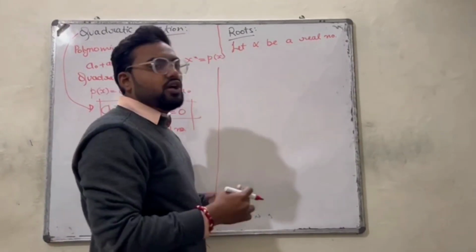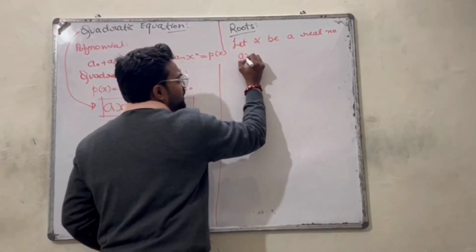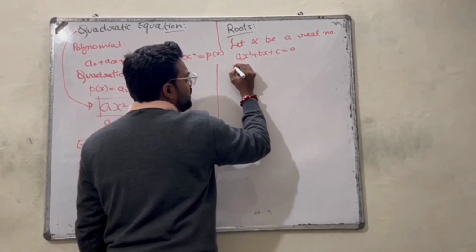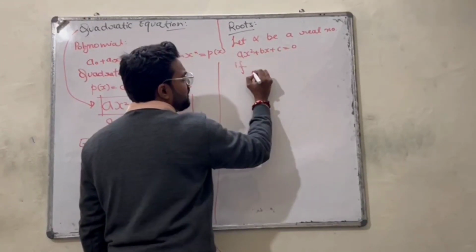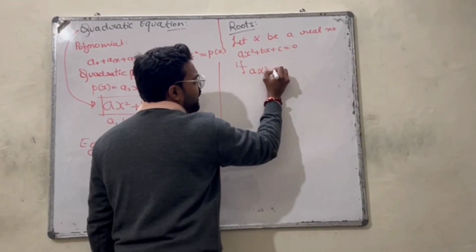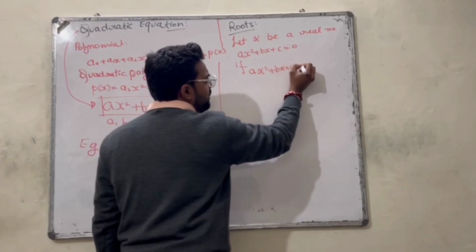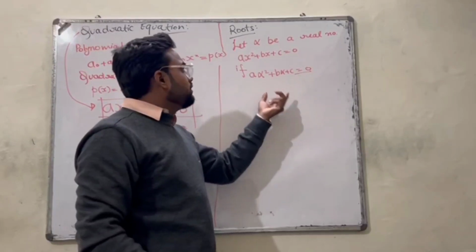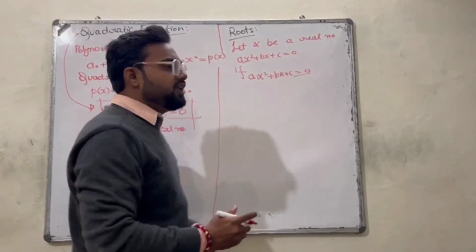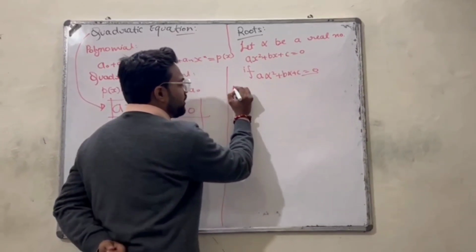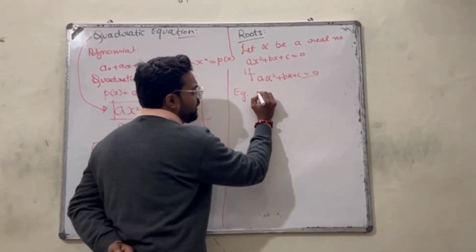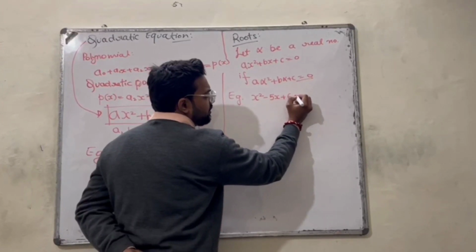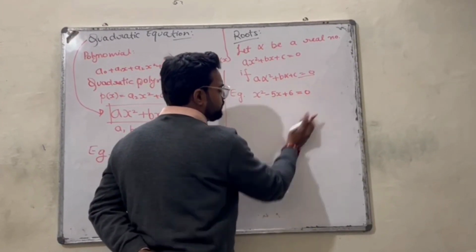Alpha is said to be a root of quadratic equation ax square plus bx plus c is equal to 0 if a alpha square plus b alpha plus c is equal to 0. Then we say that alpha is the root of the quadratic equation ax square plus bx plus c is equal to 0.